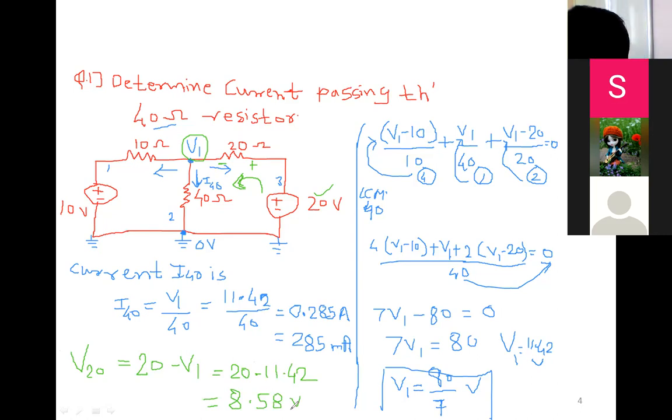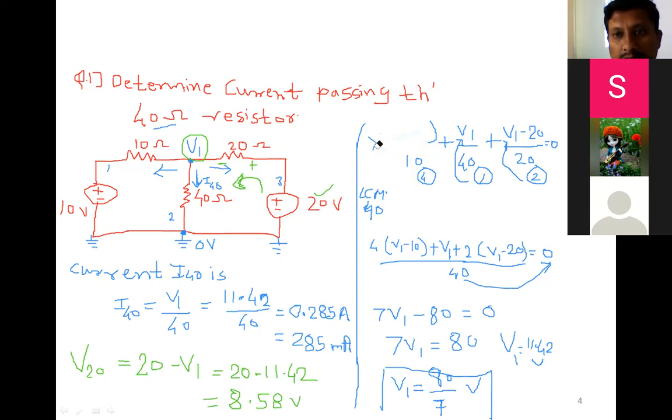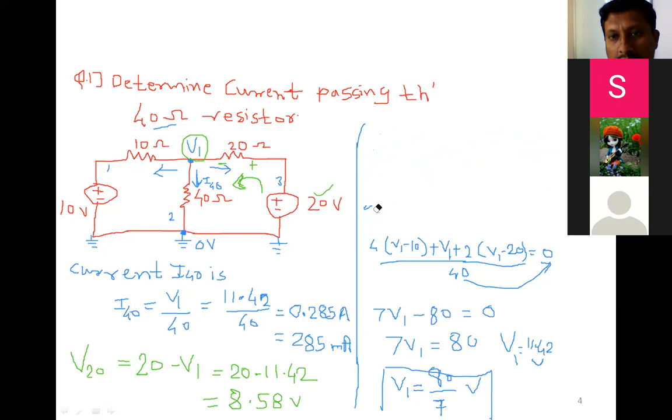Suppose the question will be like this: find out the current passing through 20. How can you find out the current passing through this 20? See here, the current passing through this 20 is nothing but V1 minus 20 divided by this 20, or you can take 20 minus V1 divided by 20.